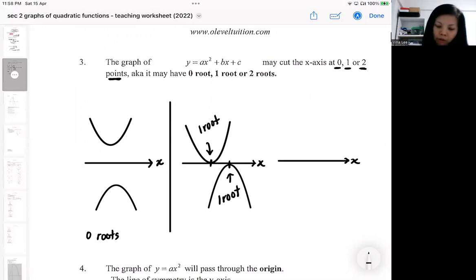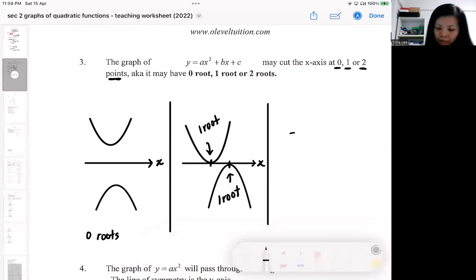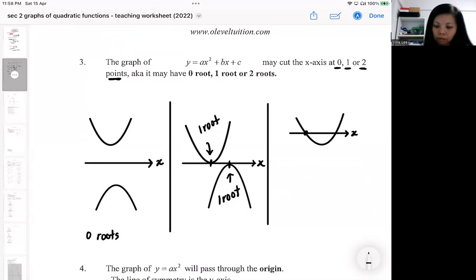This is the situation where it will cut the x-axis at one value. For two roots, how does that look like? That means it cuts the x-axis at 2 points. So it will be something like this. This is what we call the two roots. It can either be a smile graph or it can be a sad face graph.